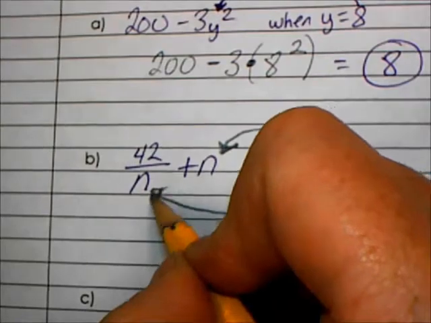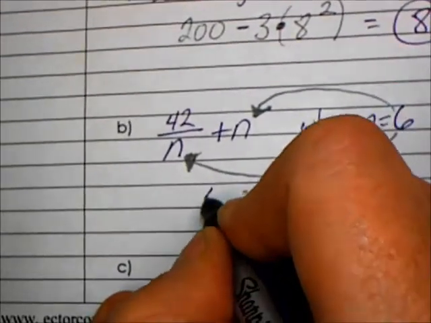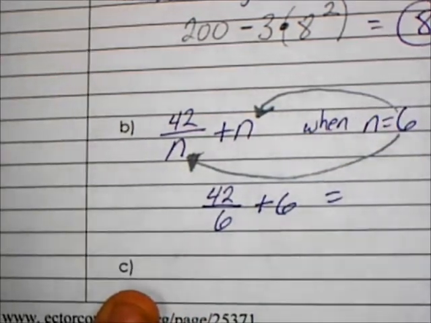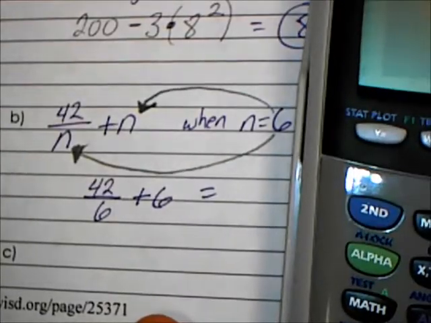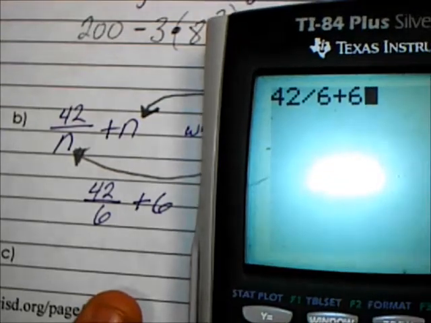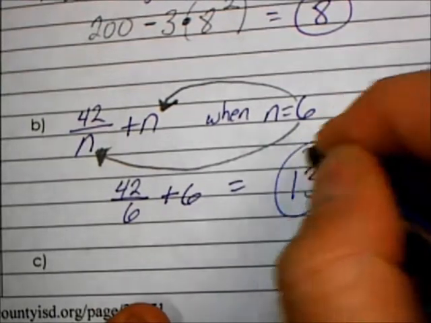So I have 2 locations. That means when I type this in, this is going to be 42 divided by 6 plus 6. So 42 divided by 6 plus 6 will look like this on your calculator. Push enter and our answer is, oh, lucky number 13.